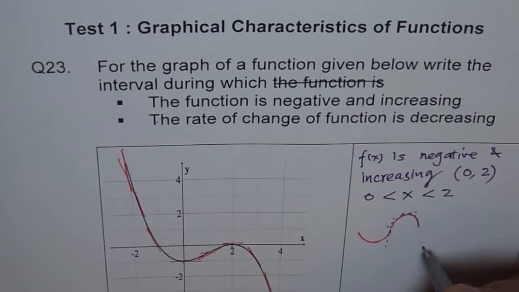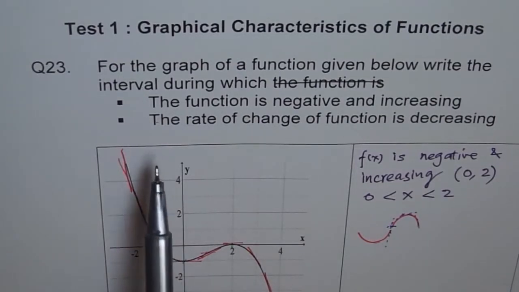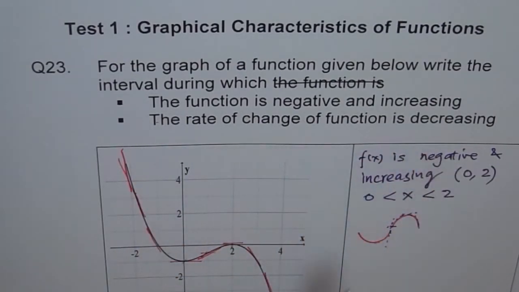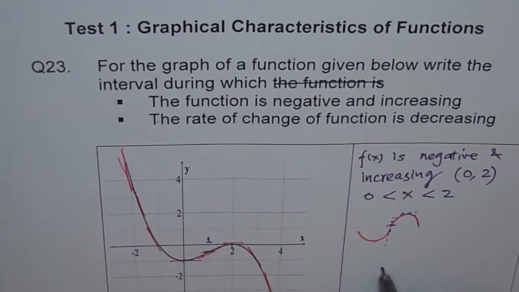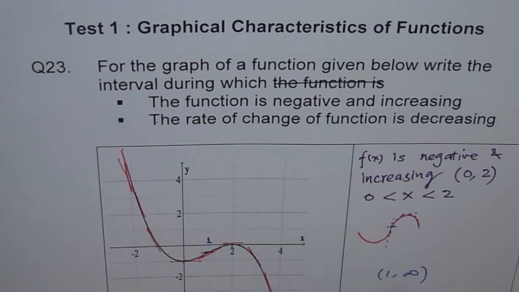So during this part of the graph, from here onwards, the slope is decreasing. Do you understand? The rate of change is decreasing. Therefore, the rate of change of function is decreasing from almost this point, which is 1 for us, to infinity. So from 1 to positive infinity, we see that the rate of change of function is decreasing.